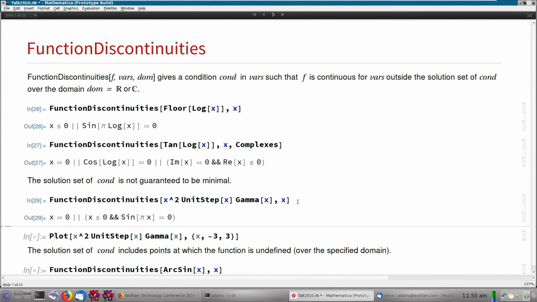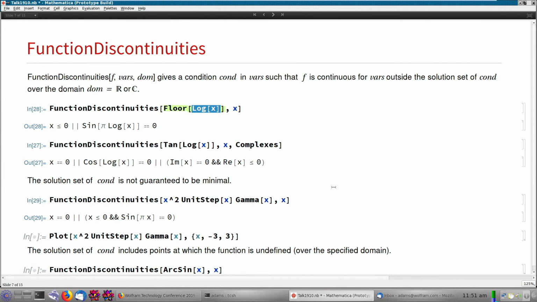Oh, a parametric solution. In 26, go back. Here? I think he's talking about before you changed it to log of x, when it just says sine of pi x equals 0, so that instead of integers you have a parameterized thing.